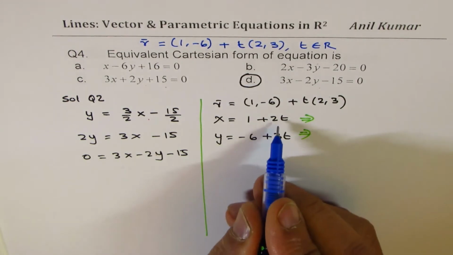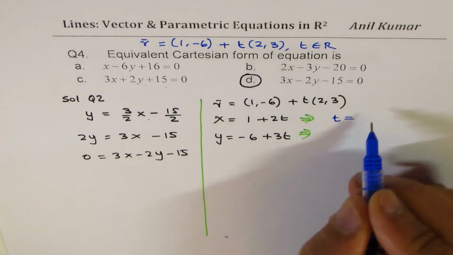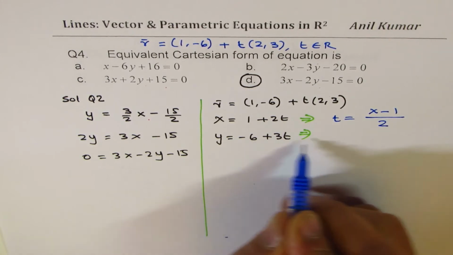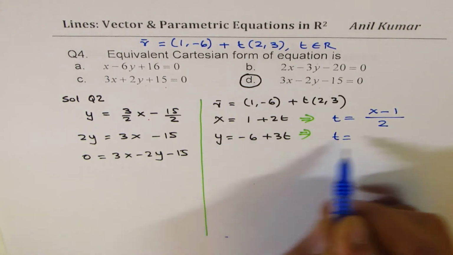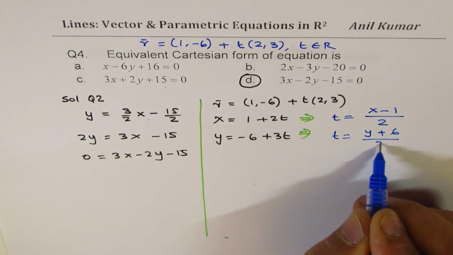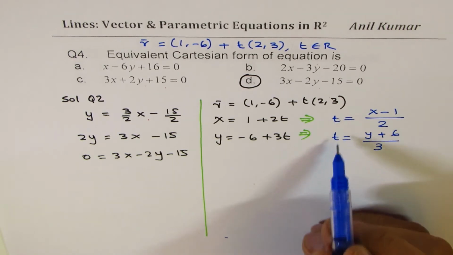What is t equal to? We can rearrange and write t equals (x minus 1) divided by 2. And we can also write t equals (y plus 6) divided by 3, right? Now in this form of equation, both are t's, right?